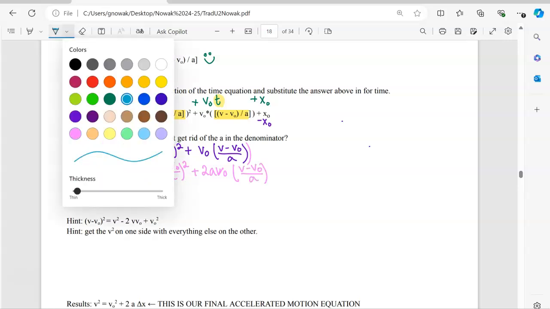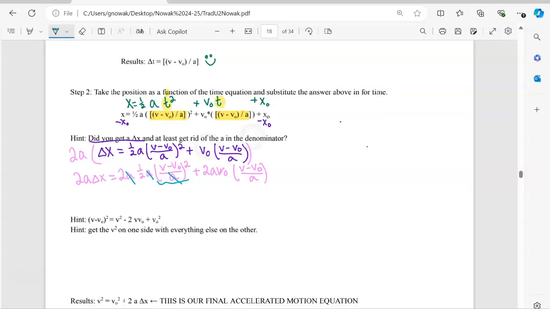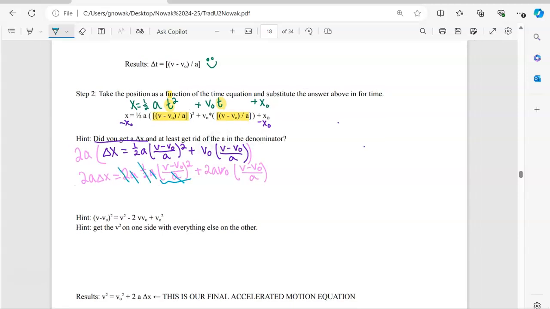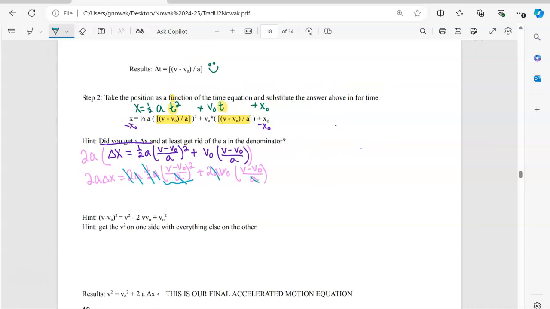And as you will see, a bunch of stuff will cancel out, right? Our 2a's will cancel out both our a's, right? Because inside this piece, we really had 2 a's hiding there since it's squared. My 2 and my 1/2 will cancel out. My a's will cancel out over here.